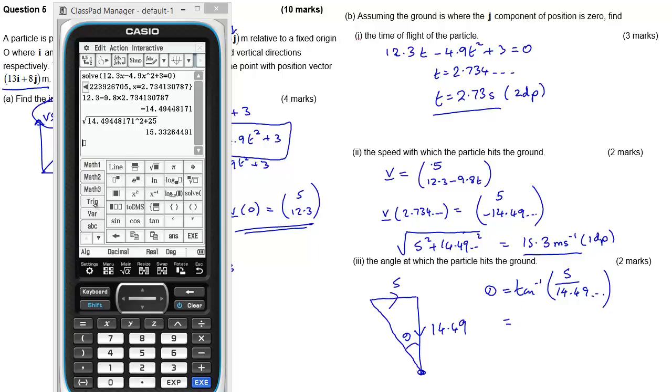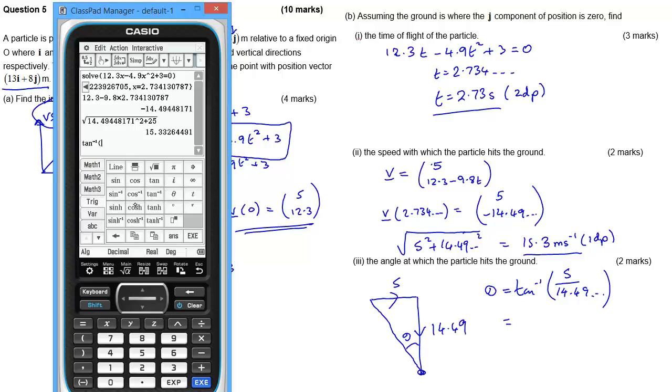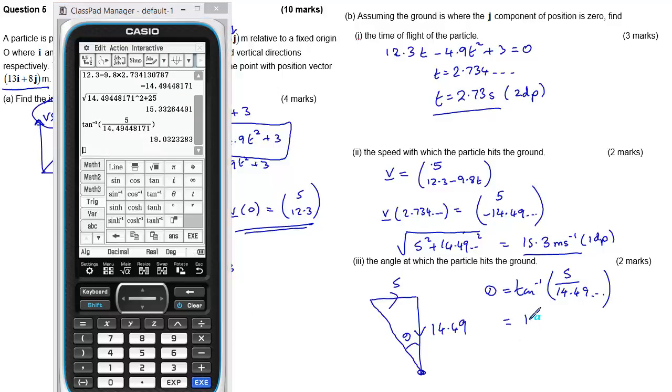So we want the inverse tangent, and 5 on the top, and this number here on the bottom. And so that would give us 19.0 degrees to the vertical.